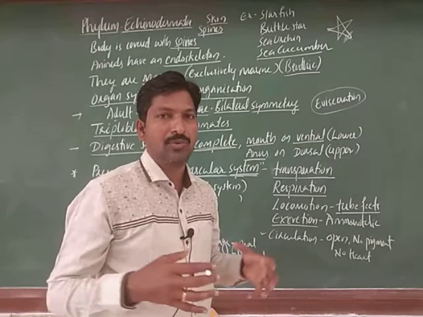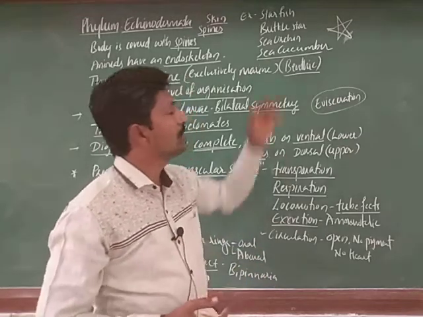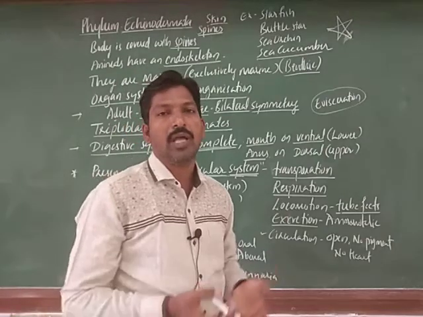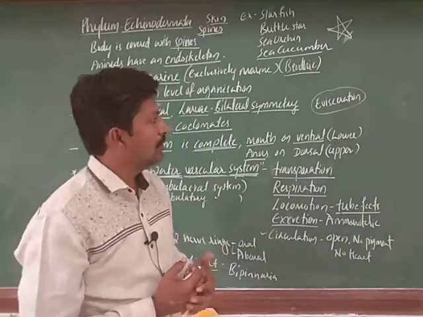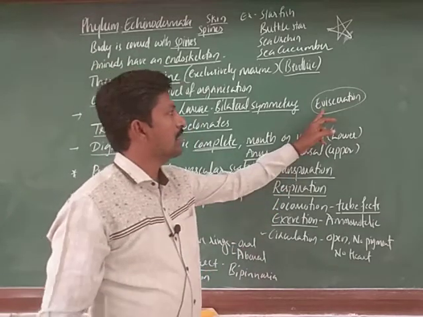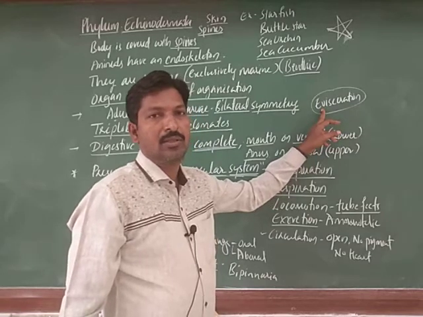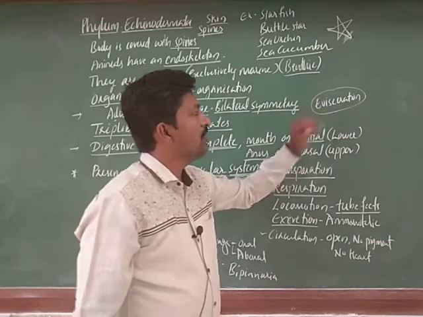These animals also throw them out. Sometimes they throw them out and they get regenerated. The internal organs also regenerate, and that is called evisceration, removal of internal visceral organs, right.